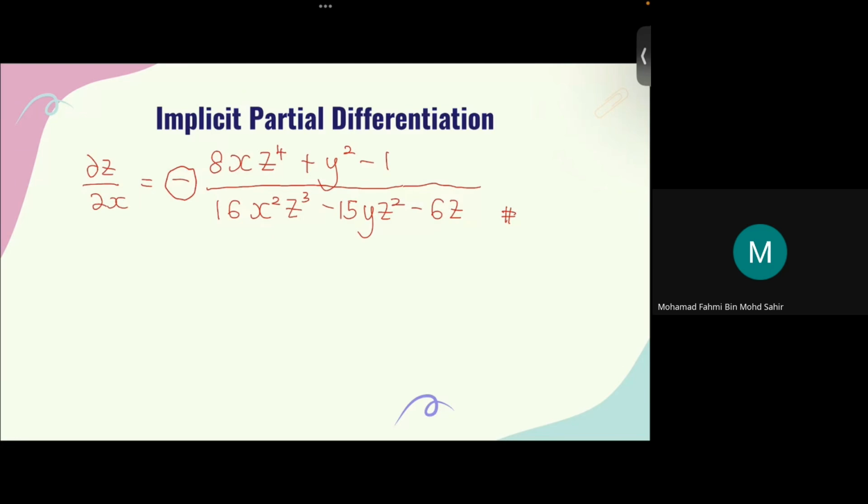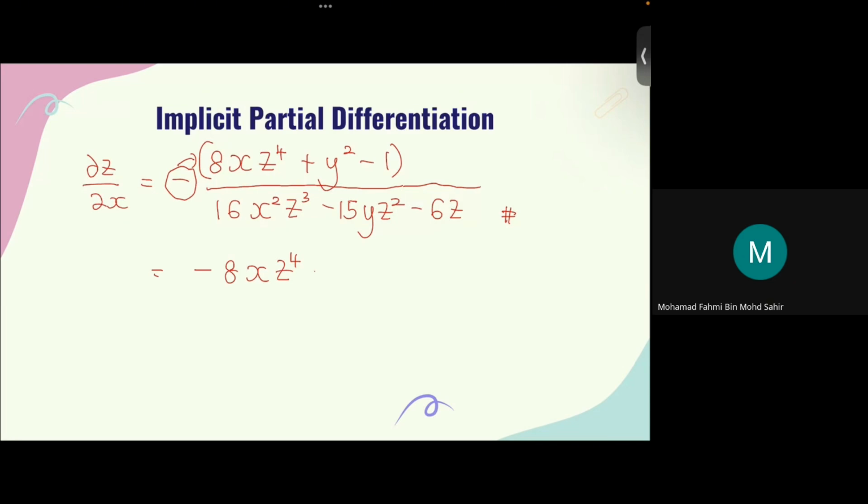Many students always miss the negative sign. Some of them want to put it at the top, meaning you bring it here. If you bring it here, remember you have to multiply the whole function. So it will become negative 8x z4, minus y squared and plus 1. You don't just put it in front of the 8.